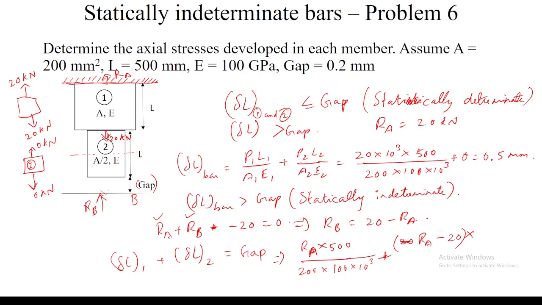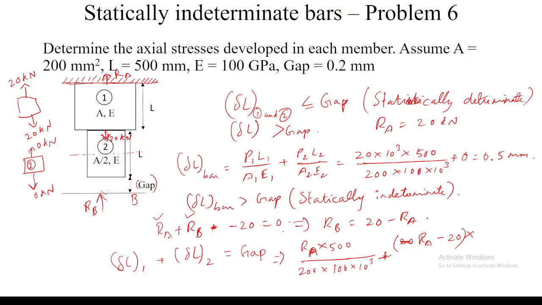Sir, one more thing. Why do we substitute delta L equal to RB here for delta L of 2? See, in the first member I assume the reaction as RA, so the downward force will be matched with RA.